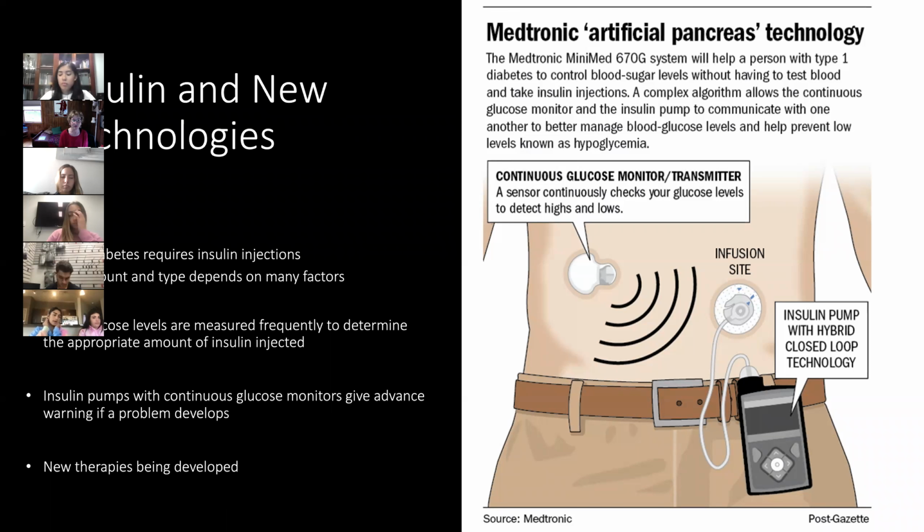They can get it through shots. Some people take shots, other people have insulin pumps. There are different technologies that are being developed. An artificial pancreas might be down the road, where you can actually get transplanted cells, the islet cells of the pancreas, so that the body can start making its own insulin.